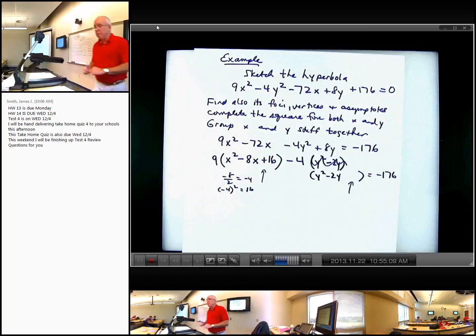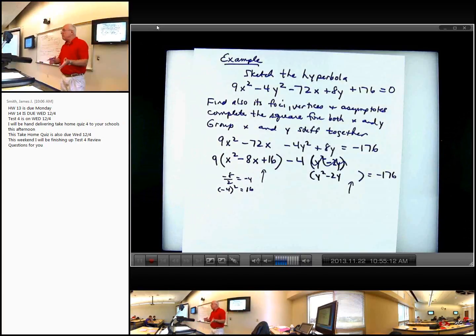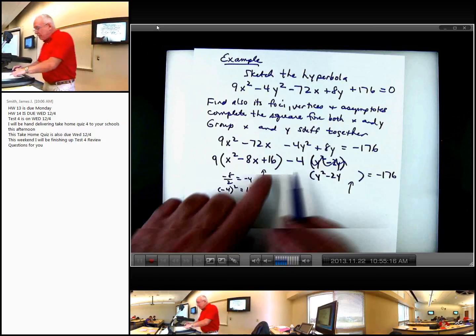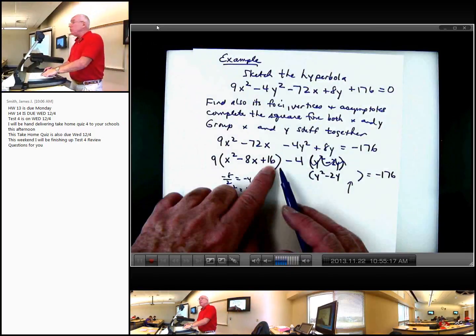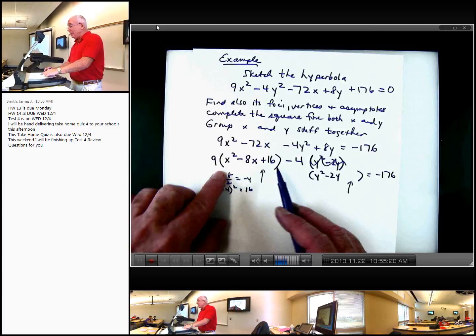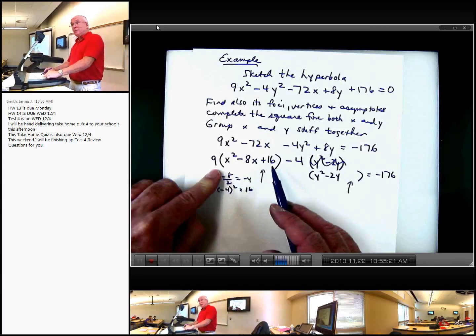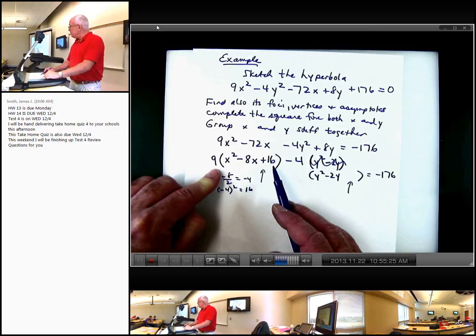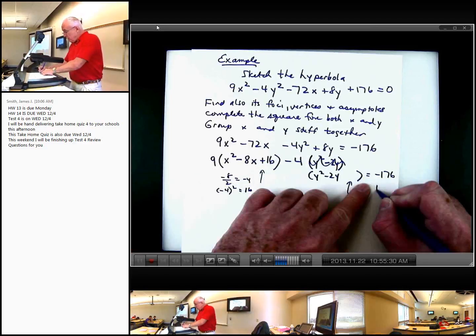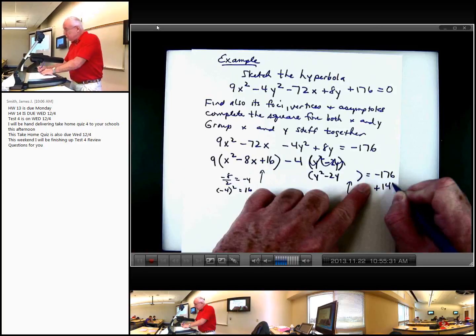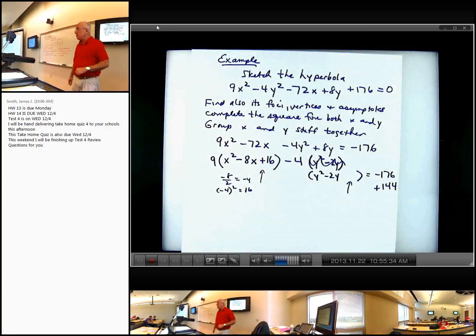Now be careful. Whatever I do to one side of an equation, I have to do to the other side of the equation. I'm not just adding 16 over here onto the left side. I'm adding 9 times 16. Right? So 9 times 16 is 144. So over here, I have to then add that 144 over to that other side.